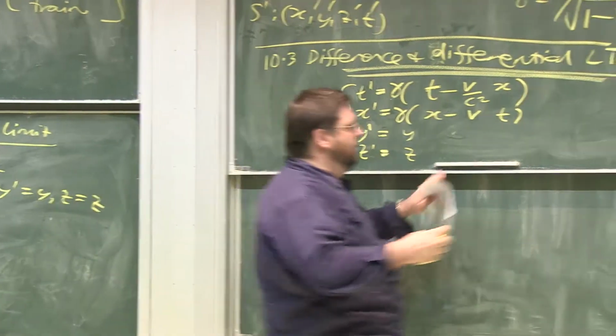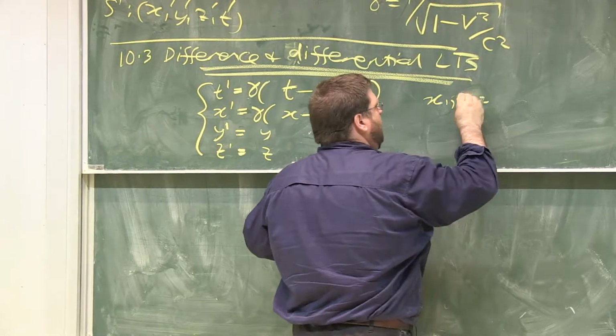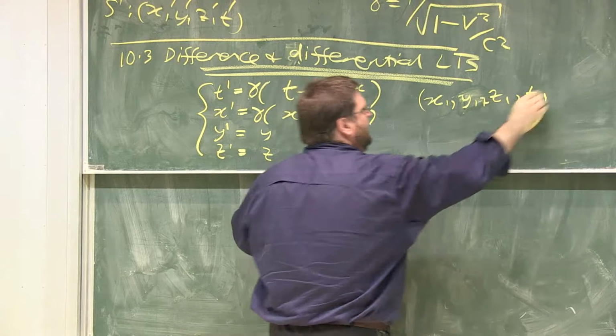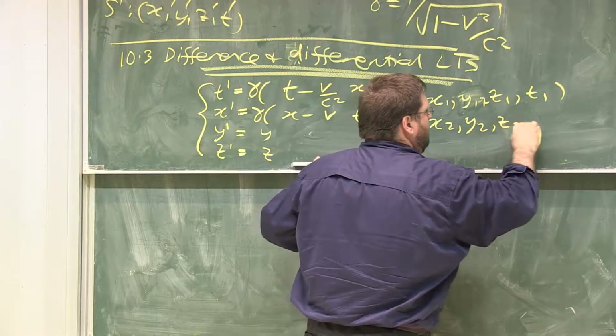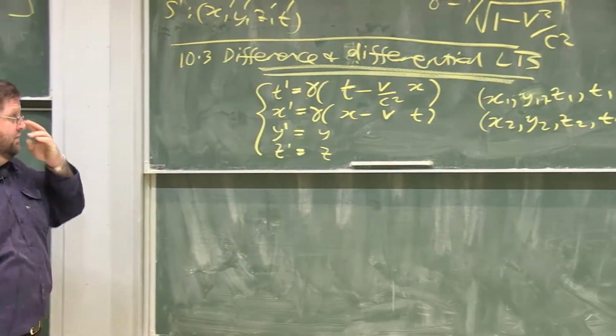So you'll have a pair of events, for example, x1, y1, z1, t1, and x2, y2, z2, t2. And you want to transform the difference between these.